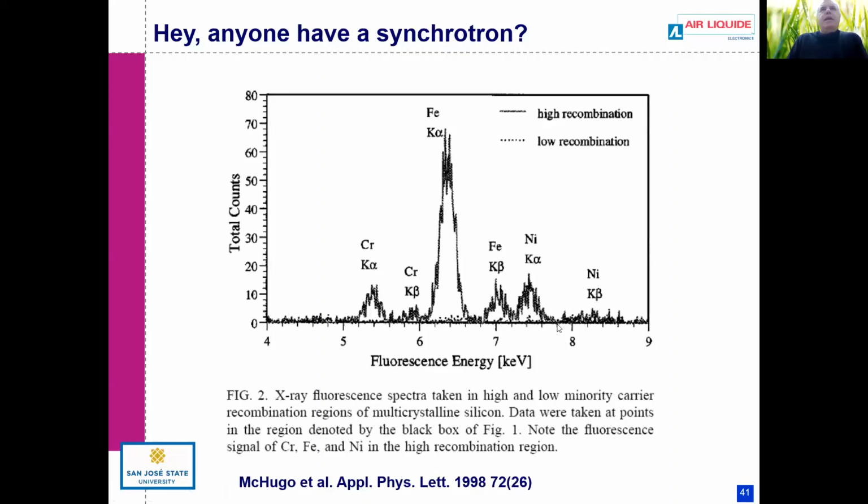But the high recombination silicon has chromium, iron, and nickel clearly, and so this is probably from a single wavelength excitation, and this is the emission spectrum.